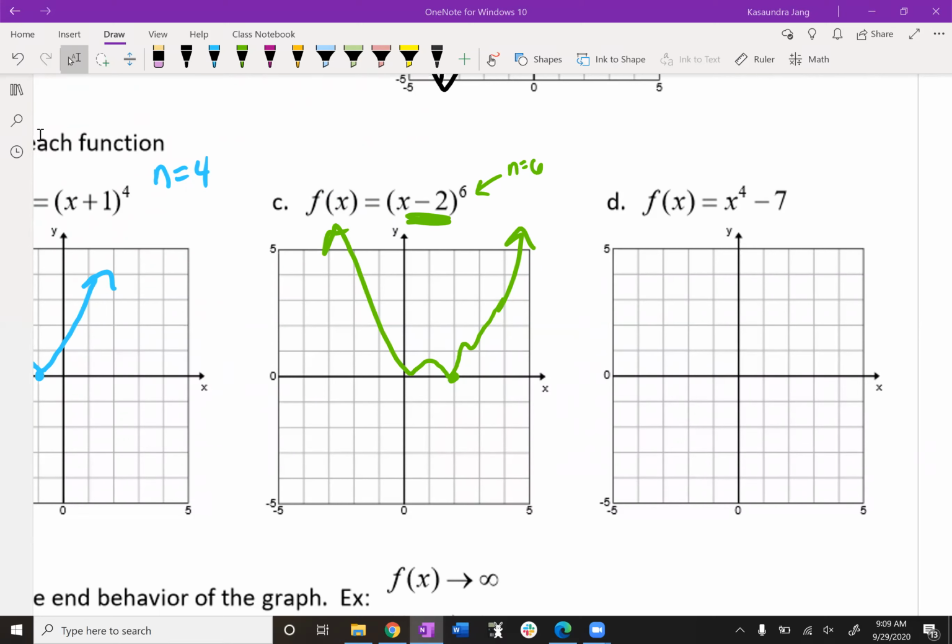Yeah, Ryan Zollinger, you got it. So Ryan, I'm looking for how many curves there are, what the ends are doing, and a specific point to hit. So yeah, Ryan, I'm looking for end behavior, curves, and a specific point.